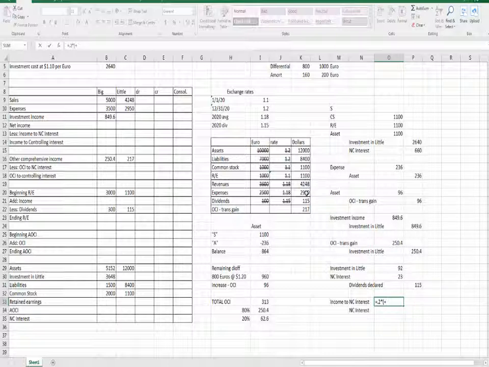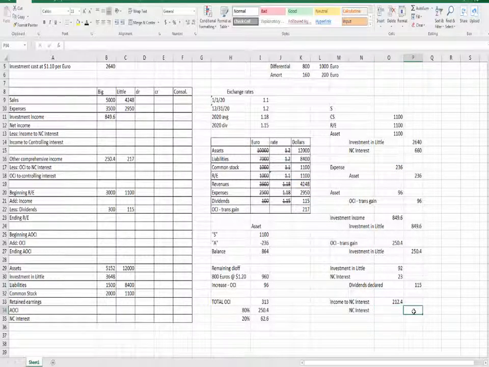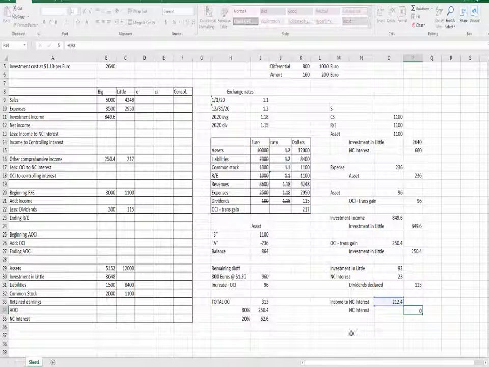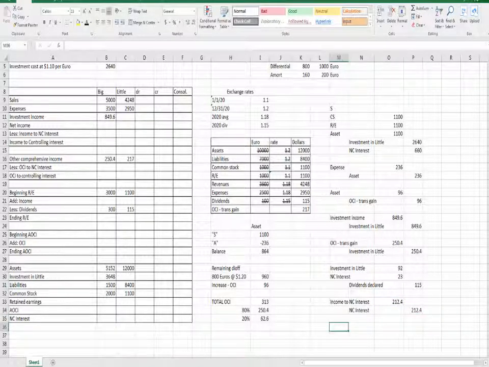So what does the subsidiary have as income? Well, they got revenues minus expenses, this is all in dollars, minus that additional amortization. Same as it's always been, the reported earnings of about $1,300, minus the amortization of that differential.